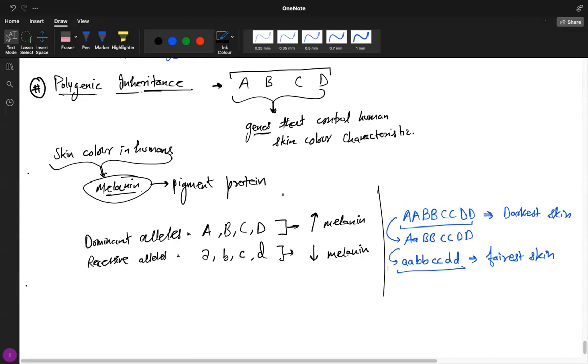No. Why is that? Because it has all the genes for fair skin, but still the skin gets tanned, or gets dark. Why does that happen? Any idea?